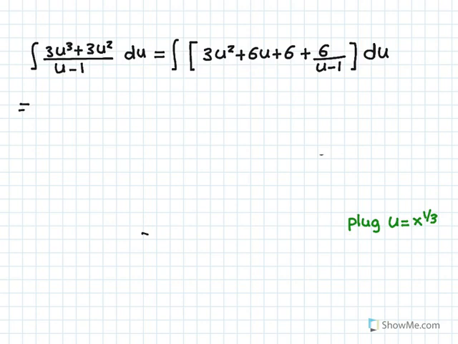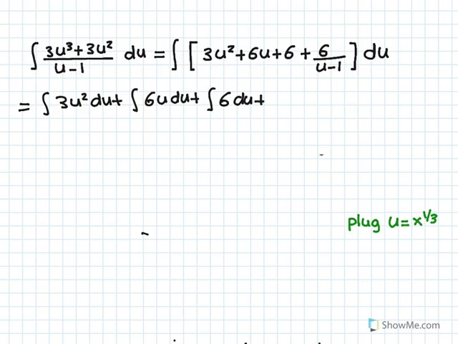That's the integral of 3u squared du, plus the integral of 6u du, plus the integral of 6 du, plus the integral of 6 over (u - 1) du.